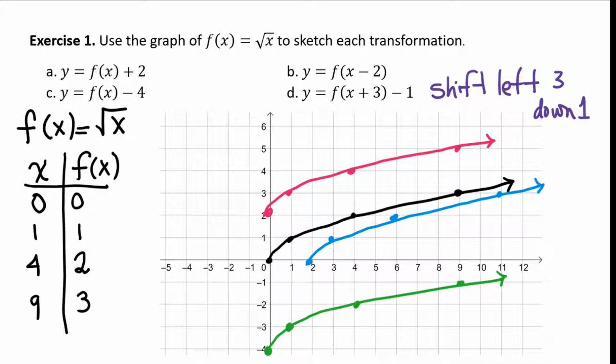So let's take each point and go back 3, down 1, for all four points. Connect those points, and now we have the graph of f of the quantity x plus 3, minus 1.